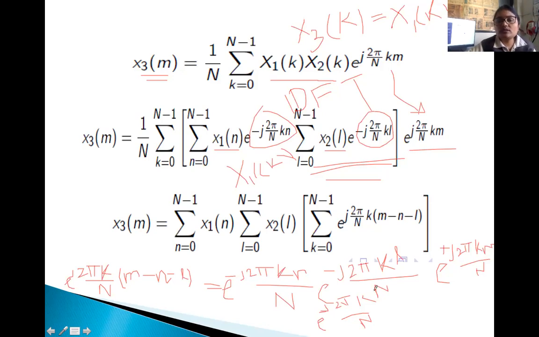So if it is constant, मग ते सगळं ब्रॅकेटच्या बाहेर काढलं, आणि in the bracket what is going to remain? m minus n minus l. इथपर्यंत कळलंय ना?